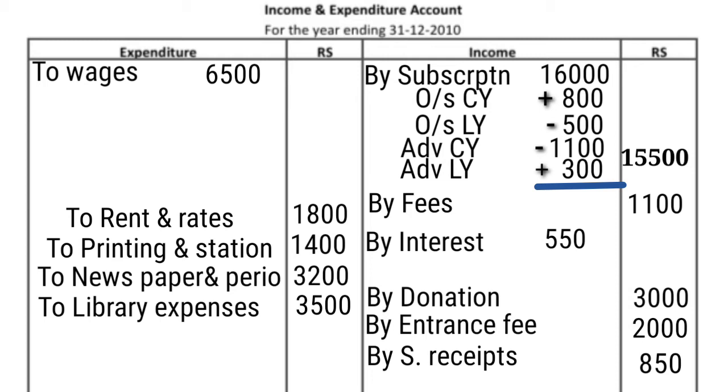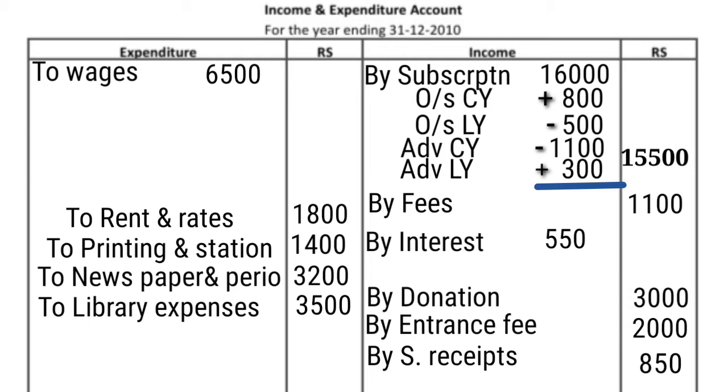Tell me, what do you mean by outstanding income? Is it cash payable or cash receivable? It is cash receivable, right? Outstanding income means income due but not received. Same as accrued income. Income earned but not received. So it is an asset.